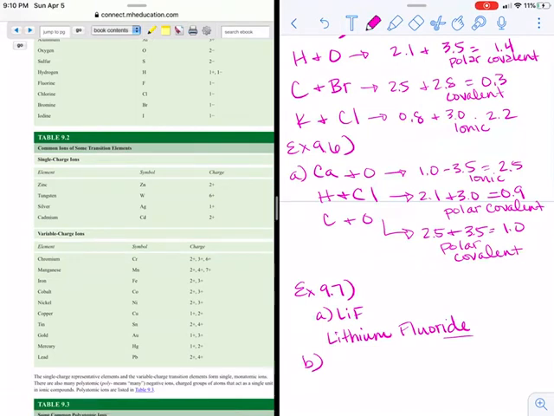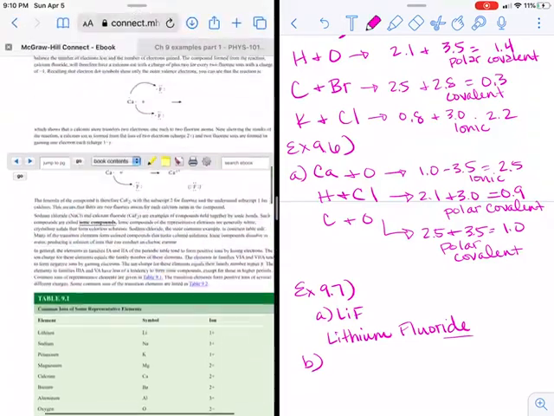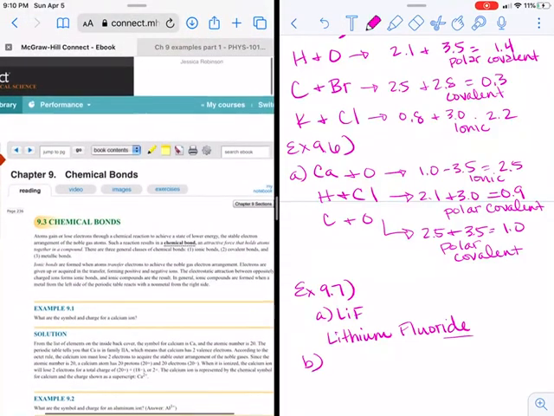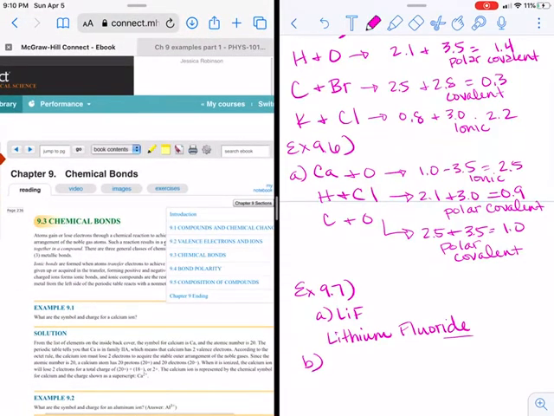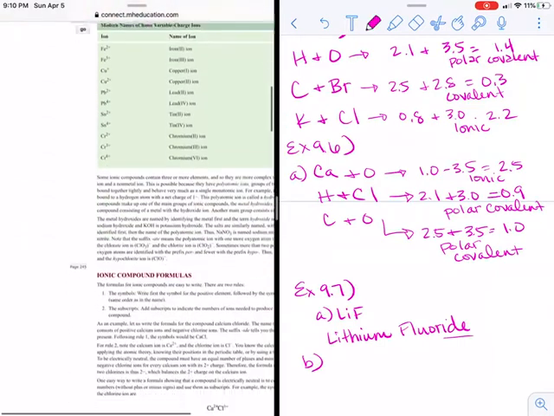See how at the bottom of table 9.2, lead is either 2+ or 4+. So that means it's a variable charge ion, which means that it can have a couple of different charges. Mommy. Hold on, okay? Okay. All right, so let me go back to that example really quick.